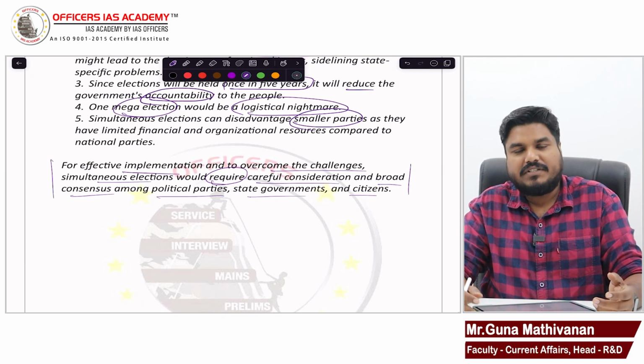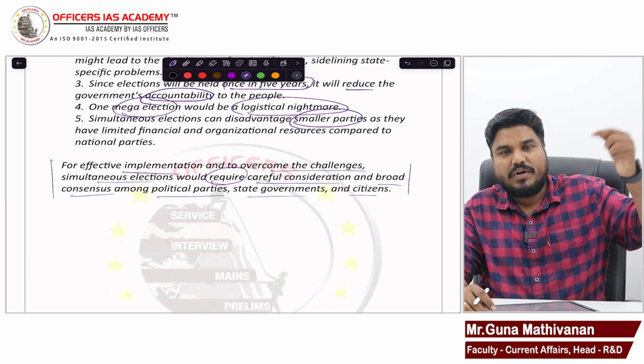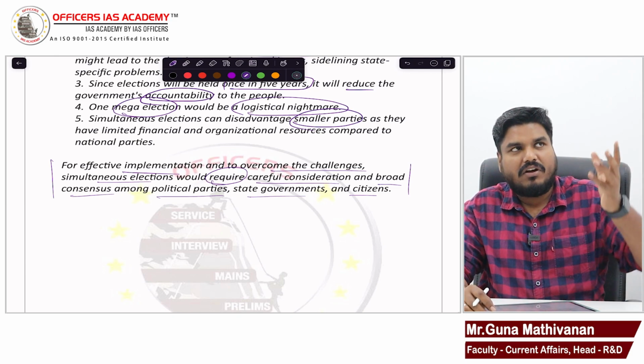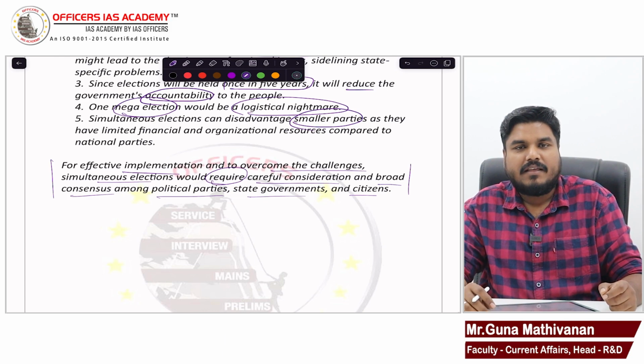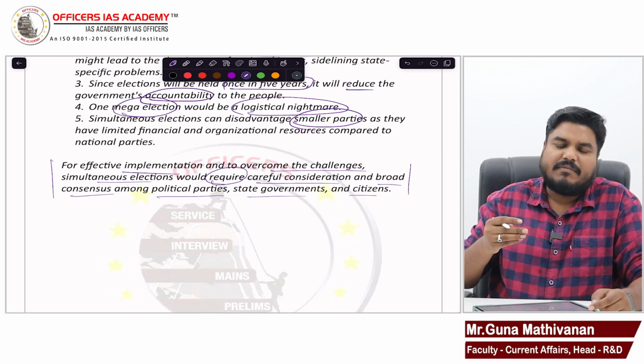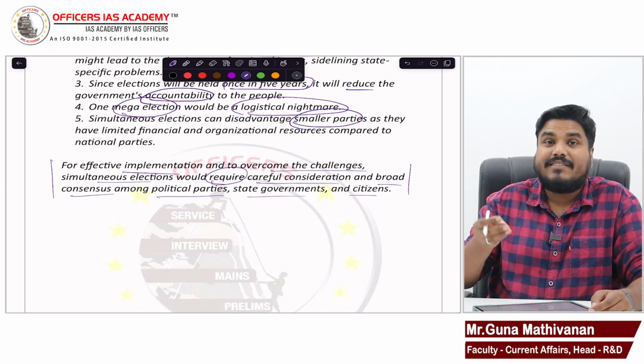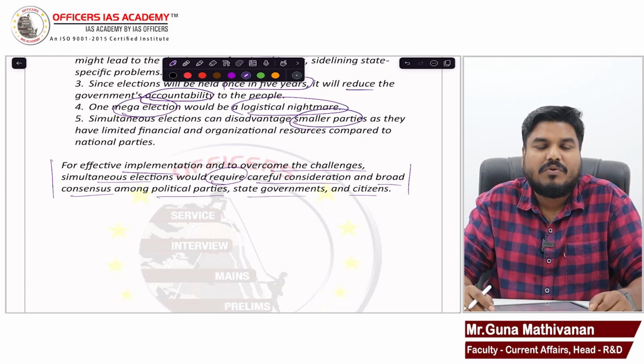You can give other conclusions. If you want to quote the recommendations of the Law Commission, it recommended something called a constructive no confidence motion.